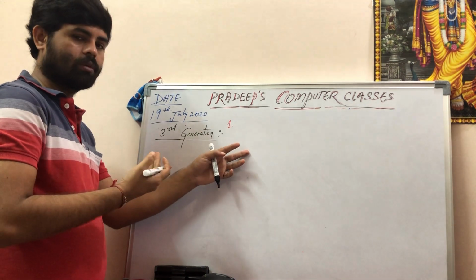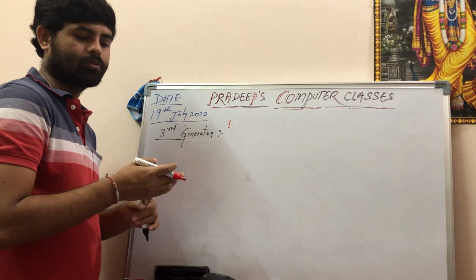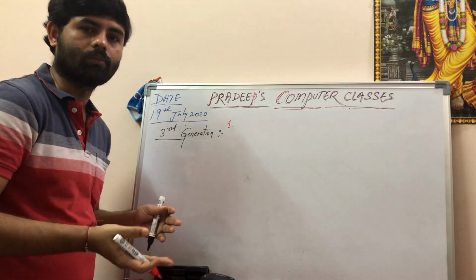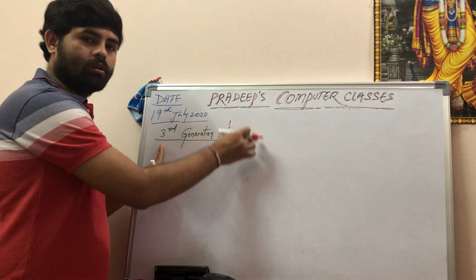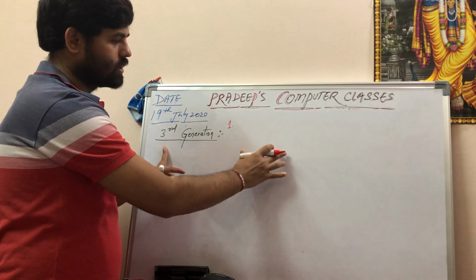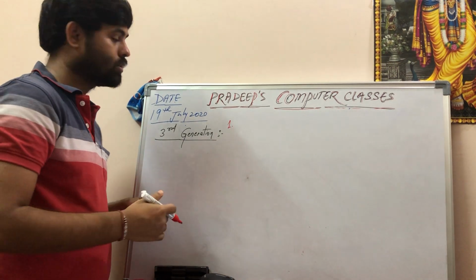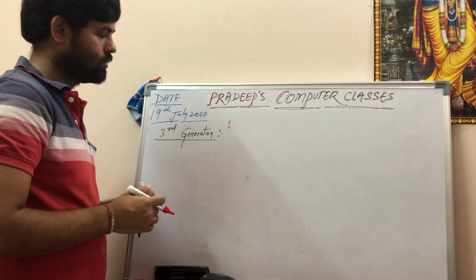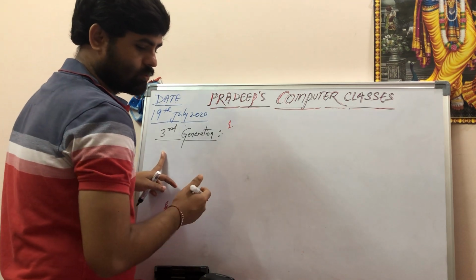That means you can see it is increasing from 1949, it is coming to 1956, and now it will come to some 1965, and then suddenly it will come as the fifth generation. Then we'll see our time. So that means day by day the generation is changing. Day by day the computer description is also changing, and you are seeing that first generation was slow and non-reliable, second generation was reliable, third generation you will see something else, fourth generation you will see more advanced, and fifth generation you will see it is a high speed computer. Okay, so first point in the third generation is computer developed during 1965 to 1971.